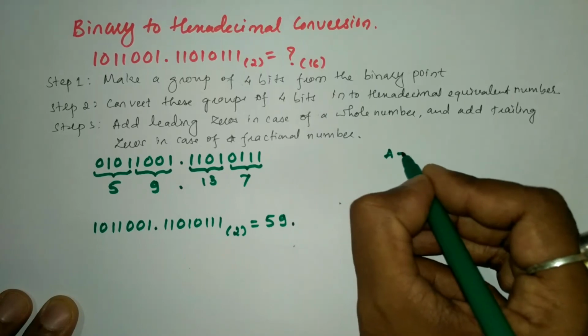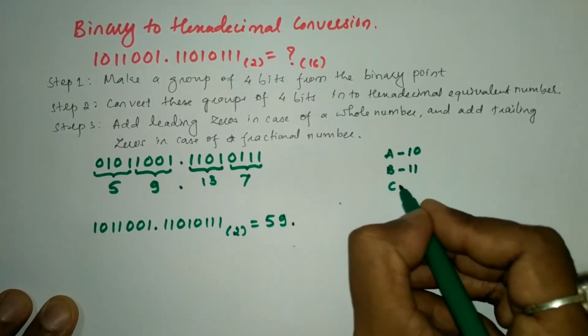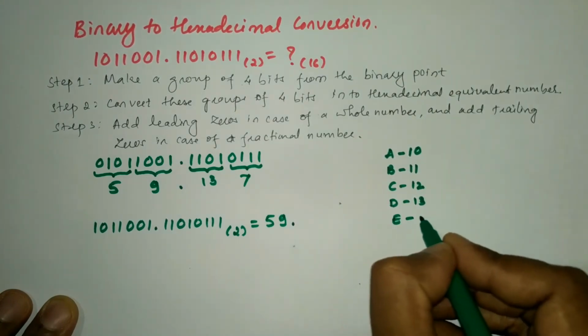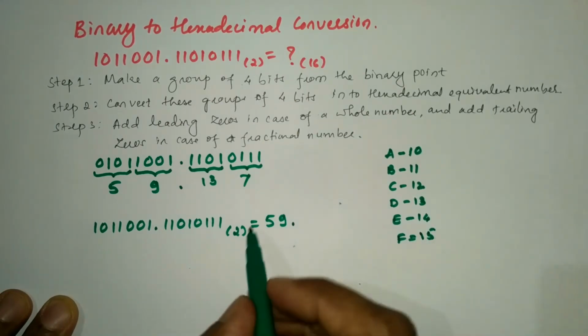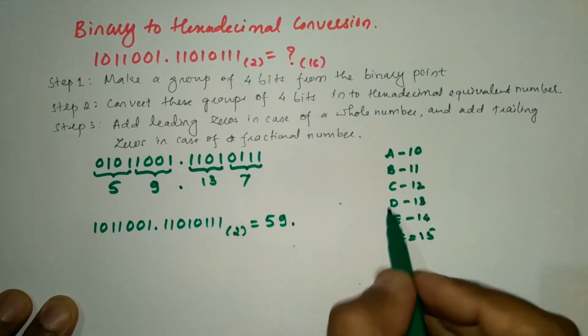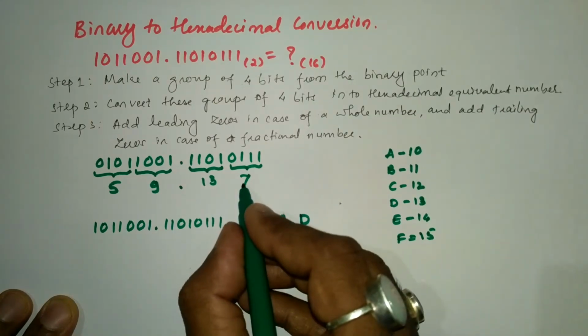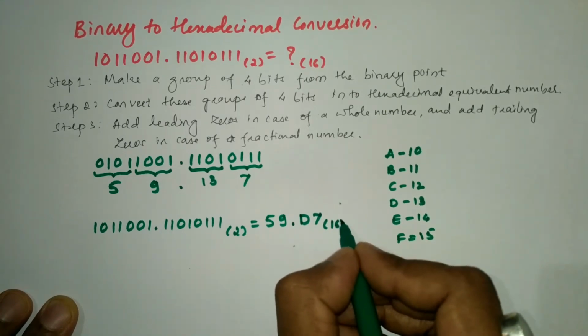Here A represents 10, B represents 11, C represents 12, D represents 13, E represents 14, F represents 15. Here 13 means it is D. So instead of 13 we'll write D, and 7 as it is, to the base 16.